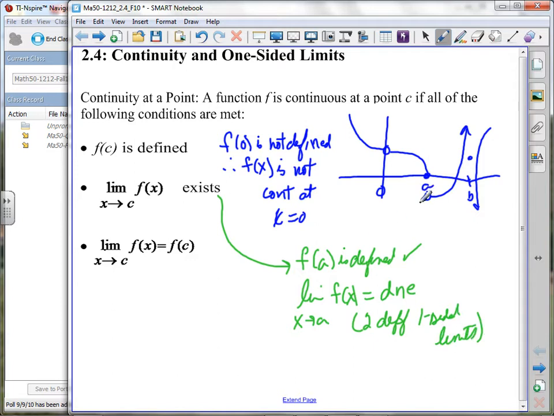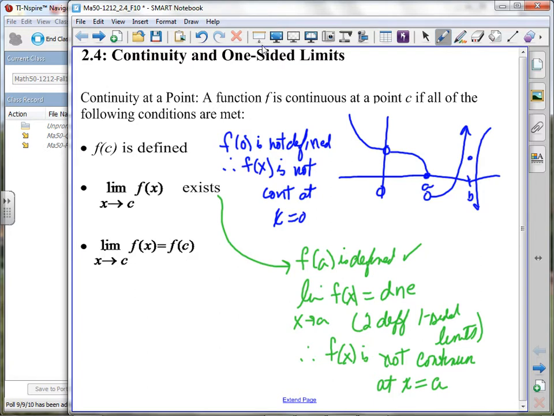So at a, we say therefore f of x is not continuous at x equals a. The first criterion worked. Second criterion did not.